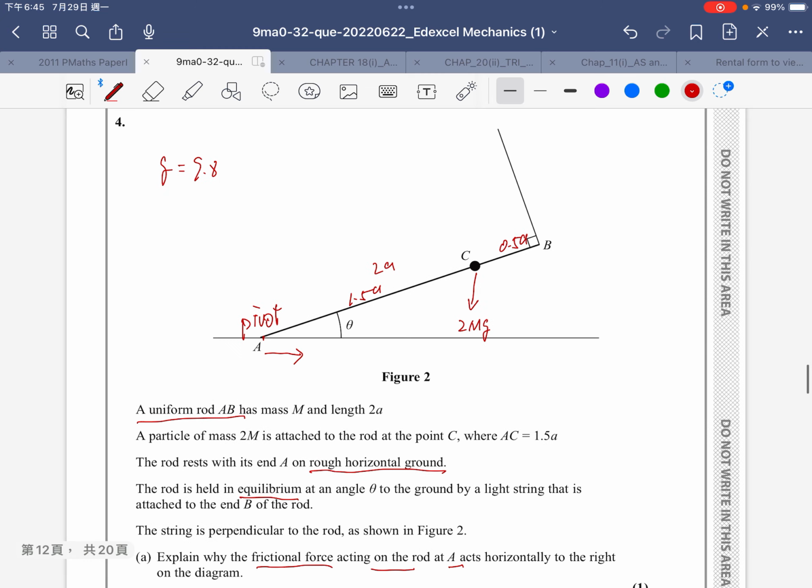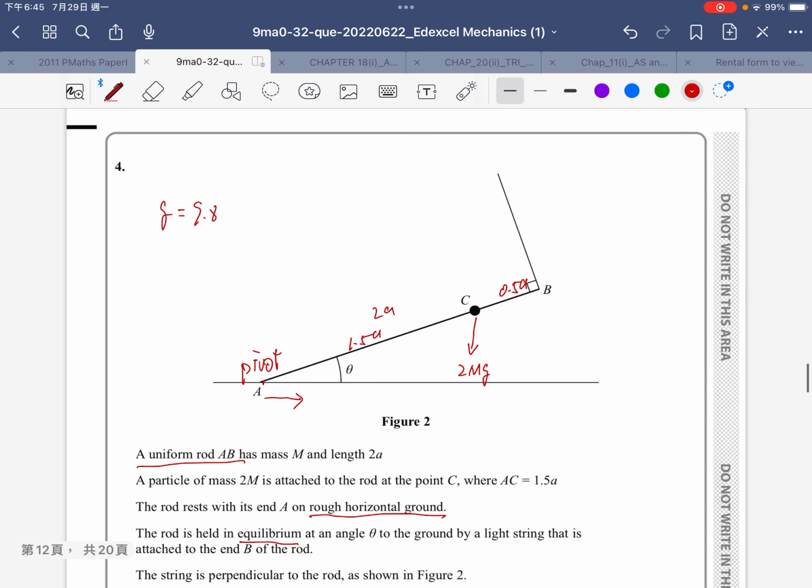Okay, now we have to decompose the forces separately. First, there is a tension here, and this tension can be decomposed into two directions, one in this direction, the other in this direction. Because it is in equilibrium, with this angle theta, this component is T cosine theta, and this is T sine theta.